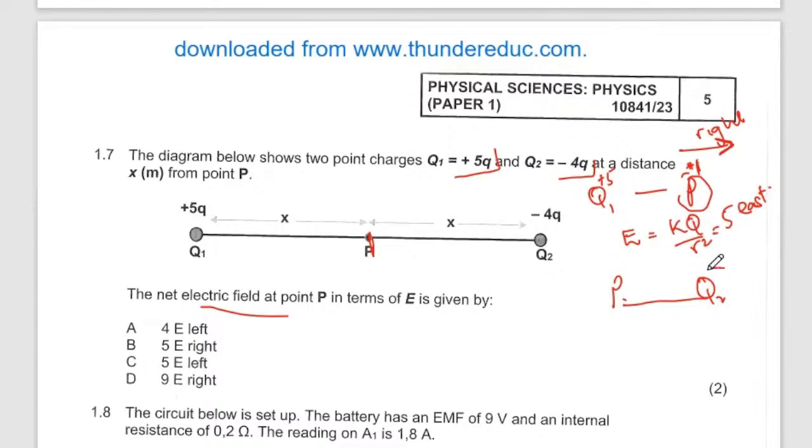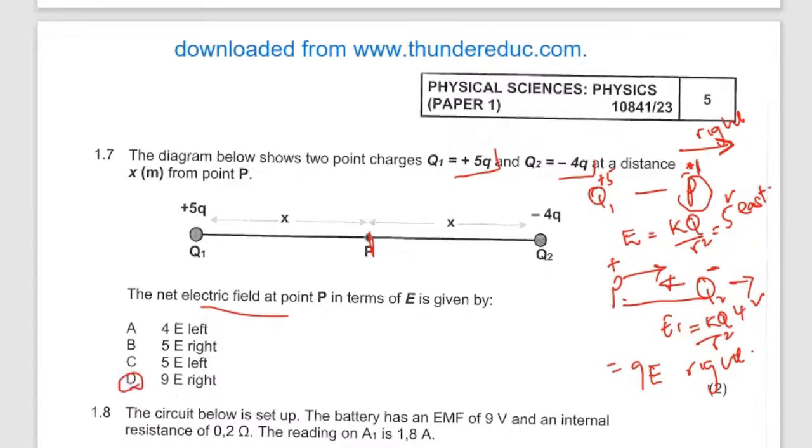This one is negative and this is positive, so there's going to be attraction, which means the force is still acting to the right on P. So my E is kQ over r squared, the Q is a 4, to the east, which means the net is going to be this 5 plus the 4, which must give me 9E to the right. Okay, 9E to the right, which is E.